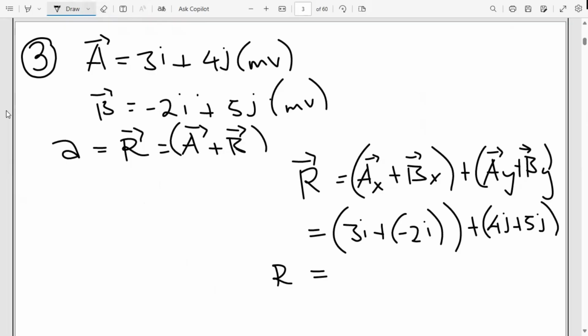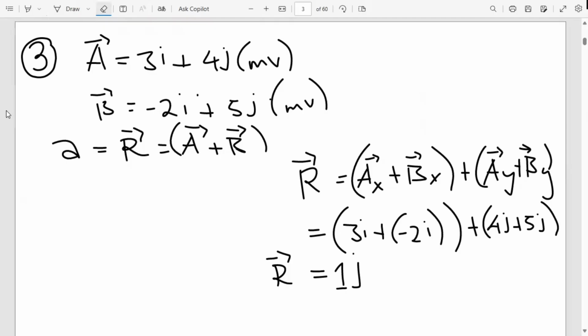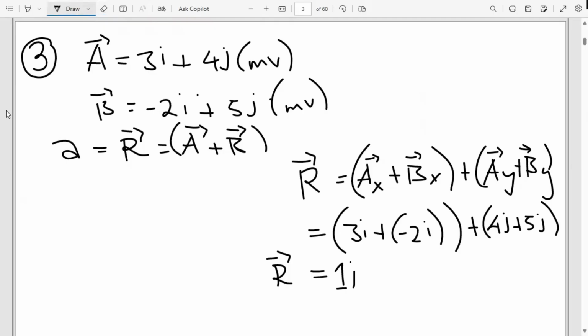So our R is going to be equal to 1i, plus 4 plus 5 j, which is 9j.